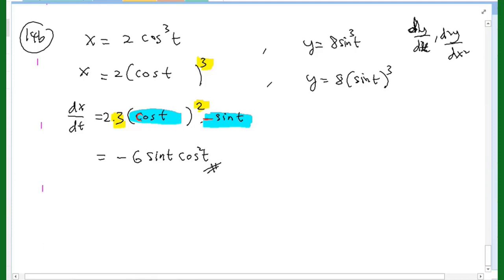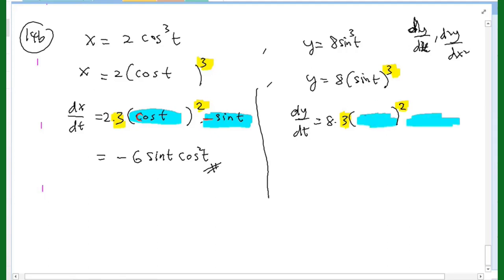Settle for dx/dt. Now for dy/dt, from outside, this one is 3, power rule minus 1, and inside differentiate, so just copy, differentiate sin, it is cos. Okay, cos t, then 24 sin t squared cos t. Okay, so this is dy/dt.